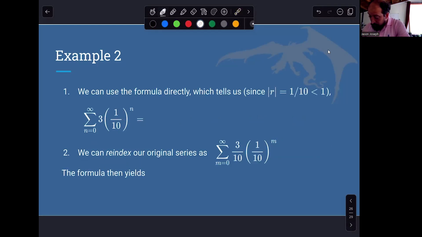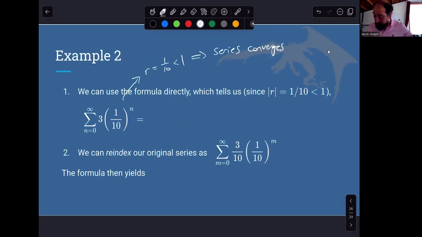All right, so what that formula tells me is the sum of this series. Here our R is 1/10, which is less than 1. So we know the series converges.